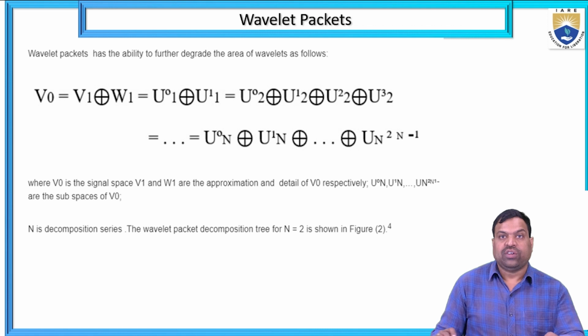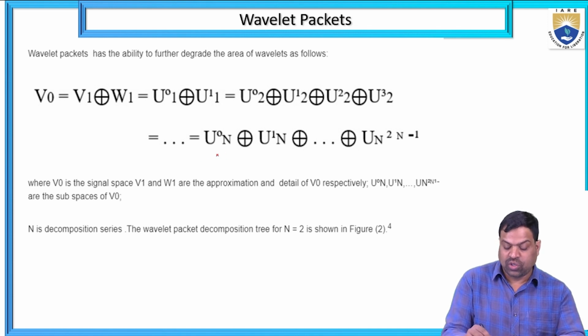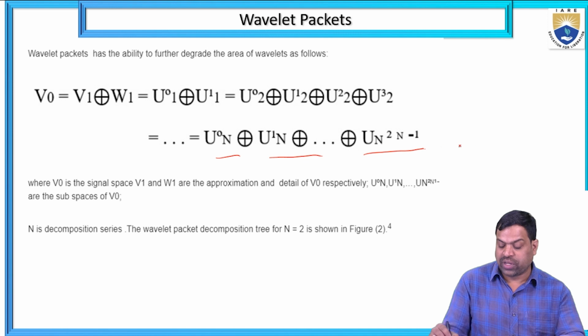So another equation for wavelet packets has the ability to further decompose the space of wavelets as follows. V0 equal to V1 plus W1 equal to U1 plus U0 of 1 plus U1 of 1 equal to U2 plus U2 1 plus U2 U3, so is equal to Un or Un minus 1.